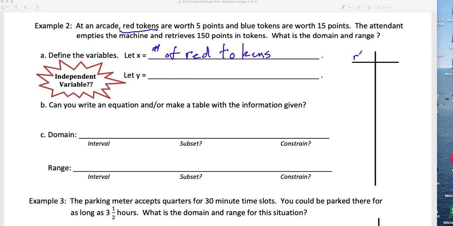These are red, and we just said that red was X. Then that leaves me with blue tokens, and these are the blue.